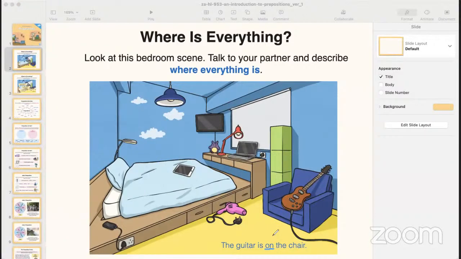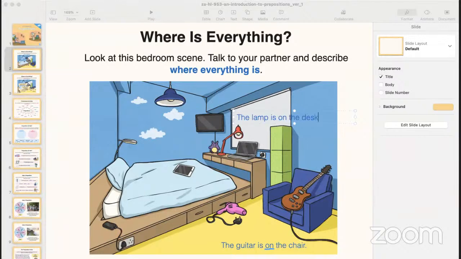Let's have a look at the lamp on the desk. The lamp is on the desk.